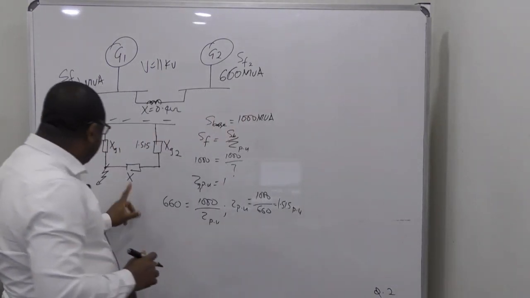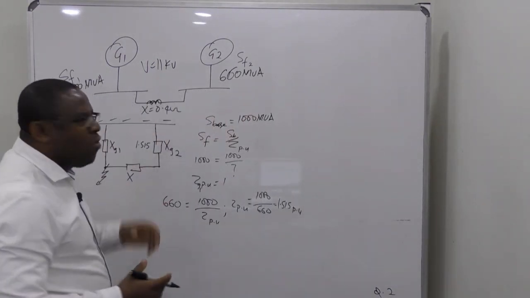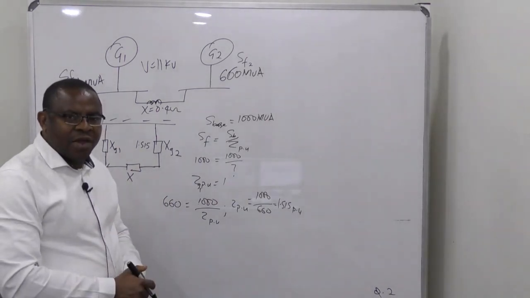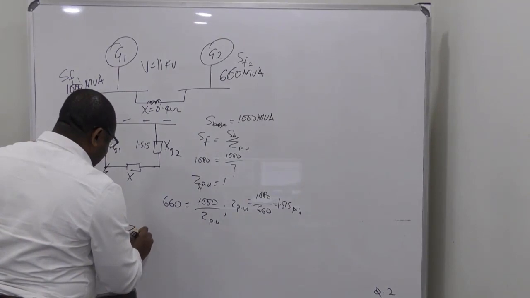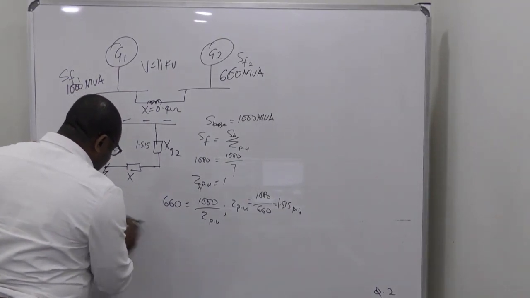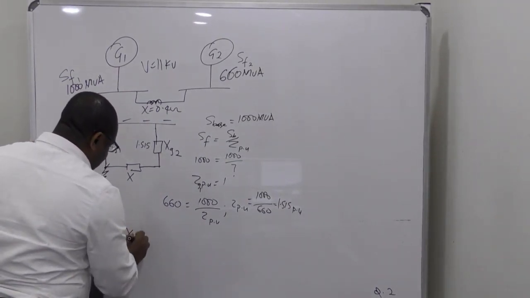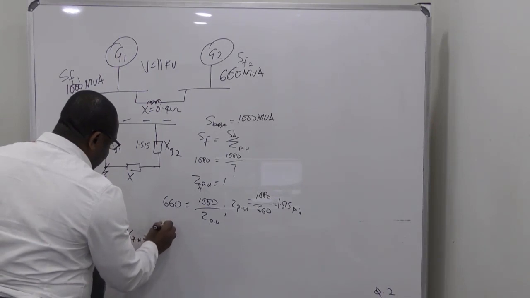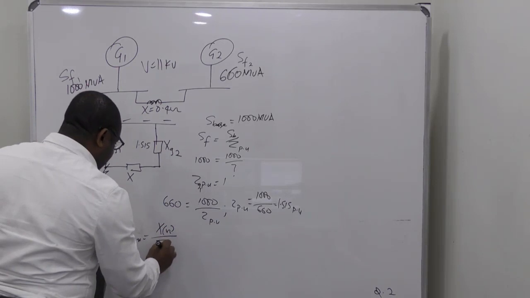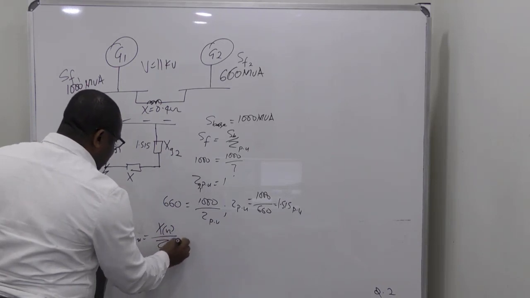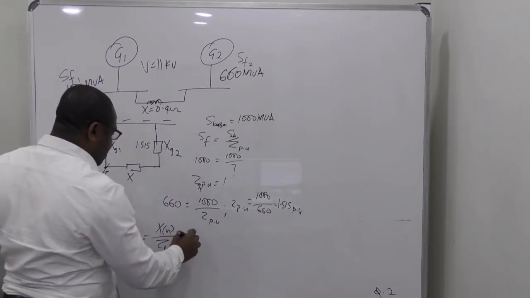What about this one? This is just given to us in ohms, so we must convert that to per unit. How do we get to per unit? Well, X in per unit is X in ohms over Z base. What's our Z base?